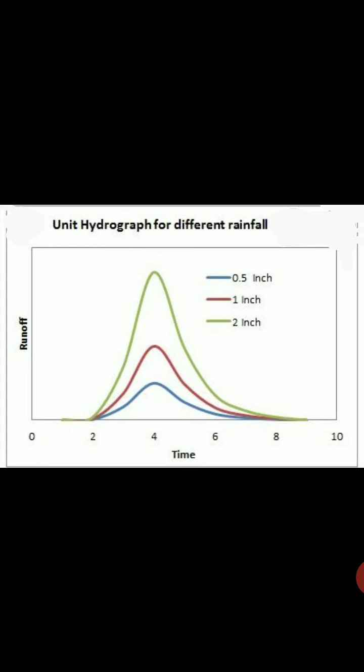Derivation of unit hydrograph. The unit hydrograph method is used for the estimation of the maximum flood discharge of a stream as well as for developing a flood hydrograph corresponding to any anticipated rainfall. In order to derive the unit hydrograph, some steps are adopted.